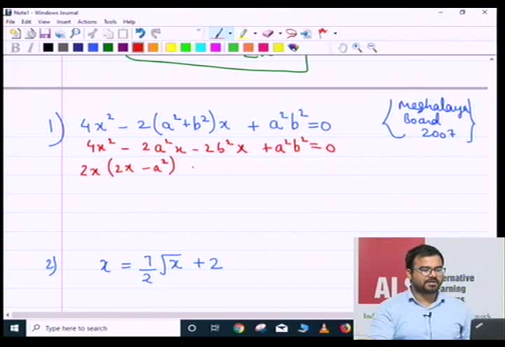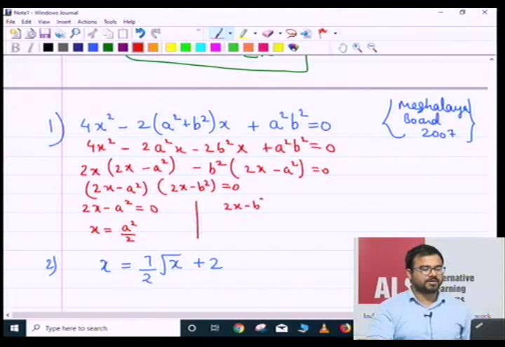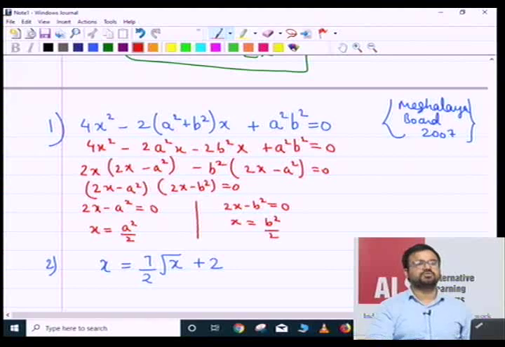Then from here we can take b square as common, again we will be left with 2x minus a square. So it is 2x minus a square and 2x minus b square, that is equal to 0. So from here x is equal to a square by 2, and 2x minus b square equal to 0, so from here x is equal to b square by 2.